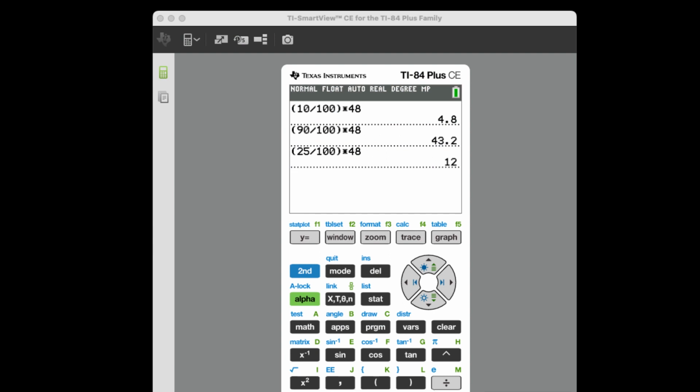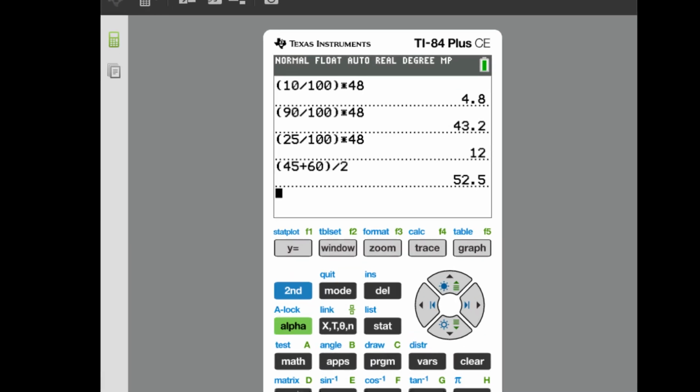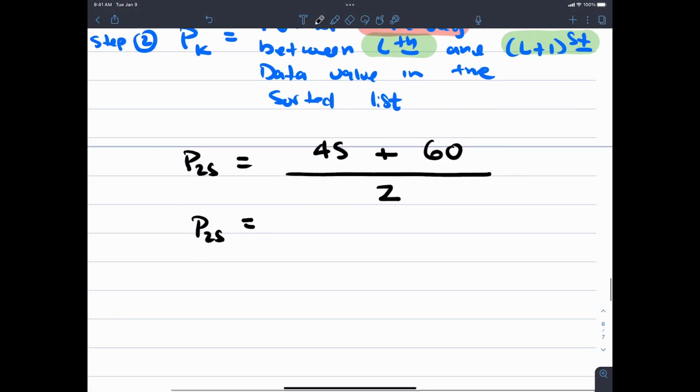So the answer will be, parentheses, 45 plus 60, close that, and divide by 2. What is this answer? It's 52 point 5. So, ladies and gentlemen, the answer is what?